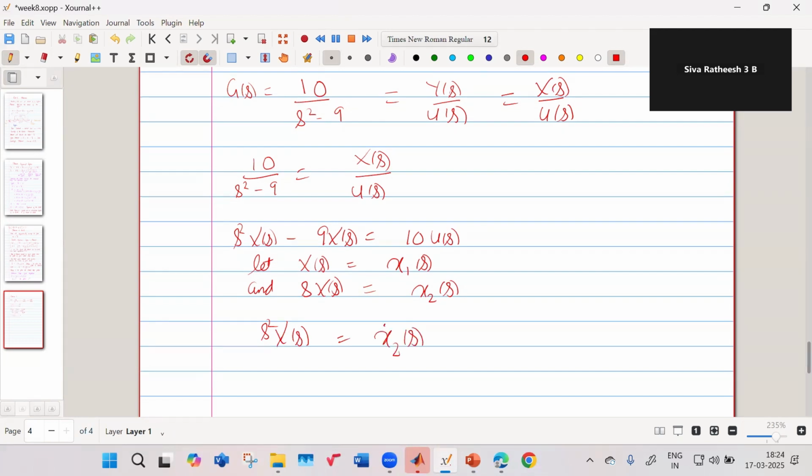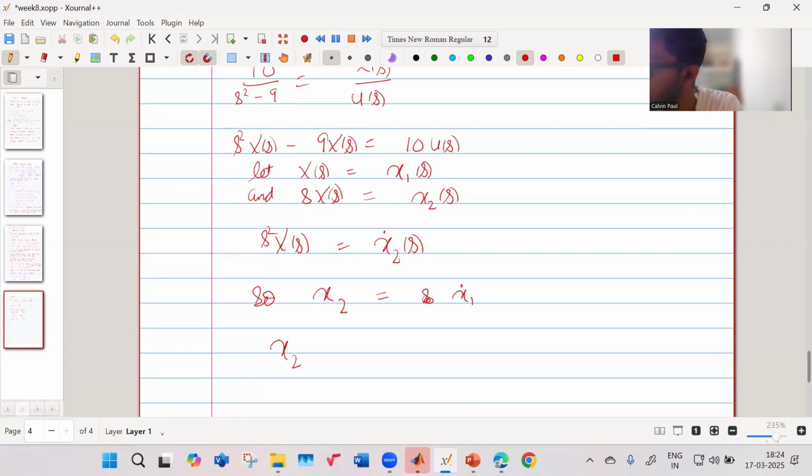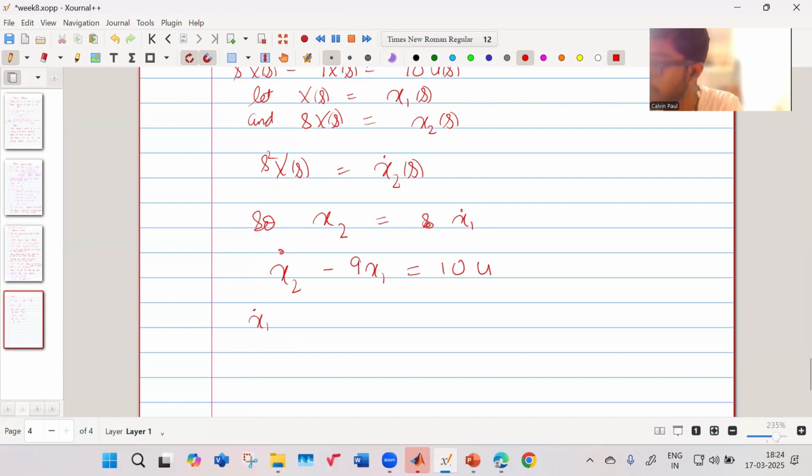So x2 is equal to x1 dot, and x2 dot minus 9x1 is equal to 10u. So what do we get? x1 dot is equal to x2 and x2 dot is equal to 9x1 plus 10u.